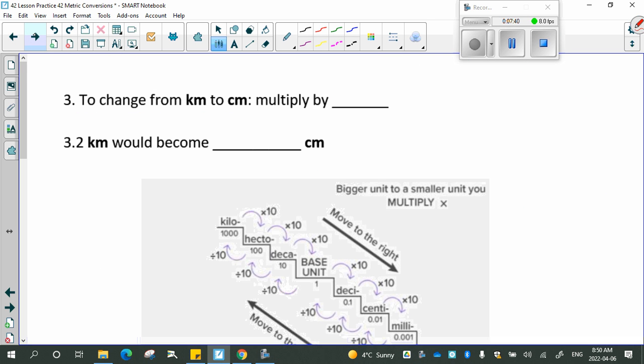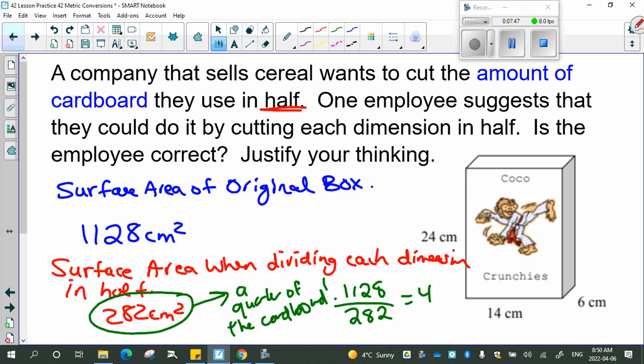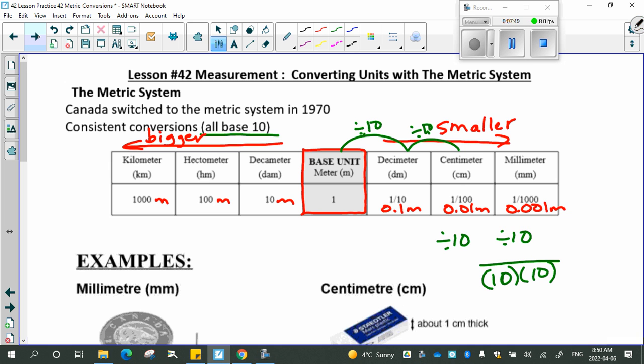All right, to change from kilometers to centimeters. So kilometers to centimeters, let's look at our chart here. We're going 1, 2, 3, 4, 5. And are there going to be more centimeters? Yes, okay, because we're going from a big unit to a small unit.